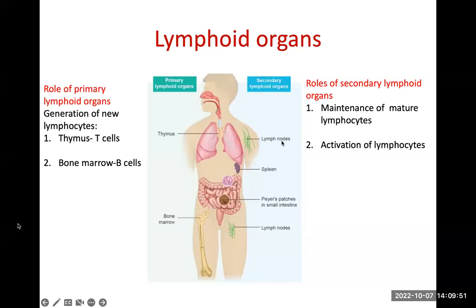So those are what we call the secondary lymphoid organs. So primary lymphoid organs being thymus for T cells, the bone marrow for B cells. Then you have secondary lymphoid organs that are the places where immune responses mainly take place, and that's where immune cells get activated and get educated to fight the invading pathogen.